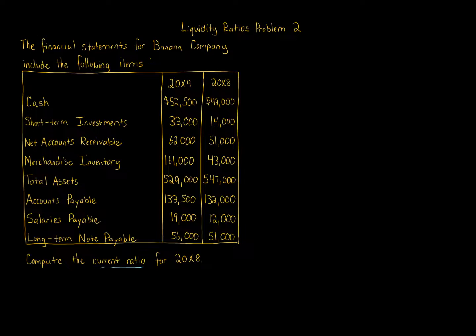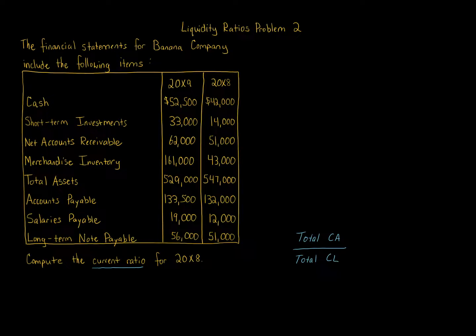The benefit of the current ratio is that it's a similar calculation, but it's done as a ratio, taking total current assets over total current liabilities. So that is our calculation.